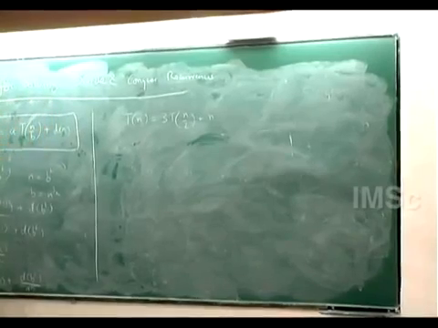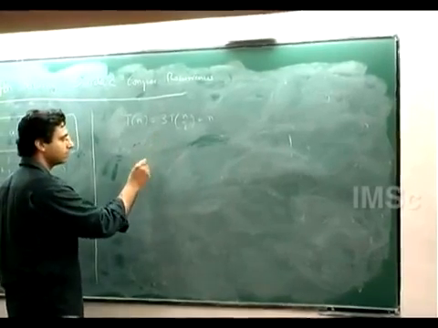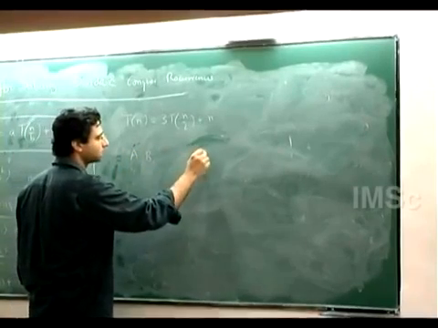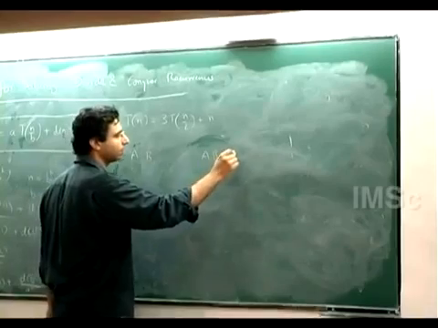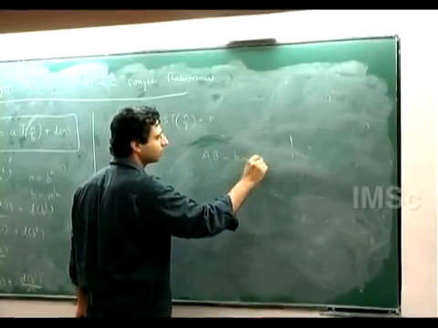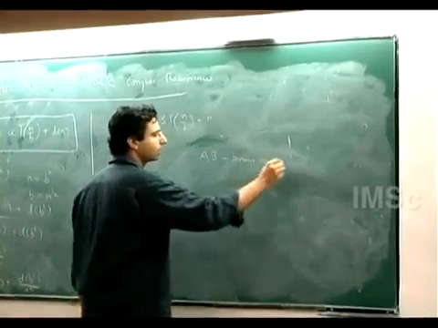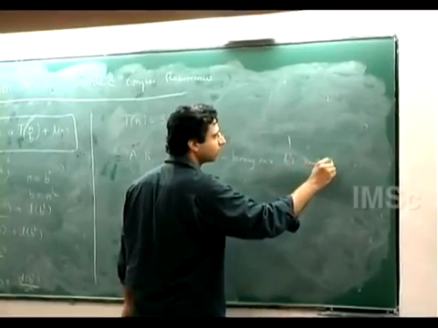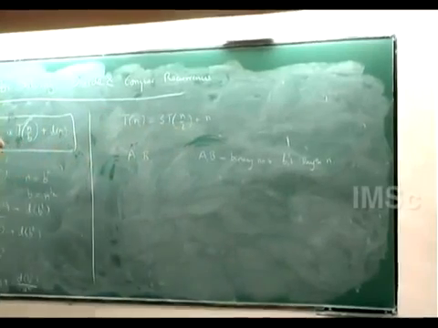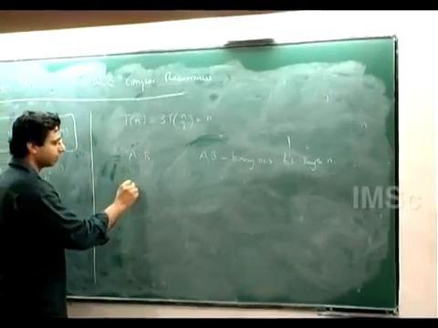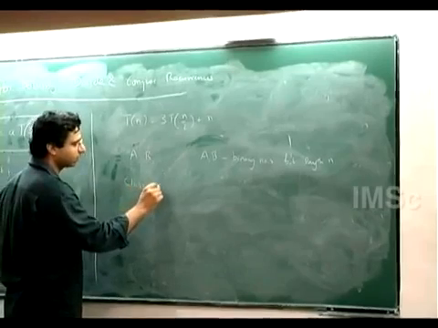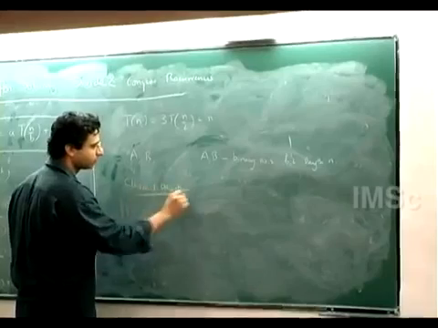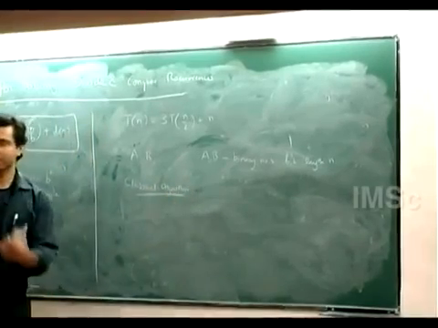So A and B are binary numbers of bit length n. Then we know the algorithm for multiplying these two numbers. What is the complexity for multiplying two n-bit numbers?